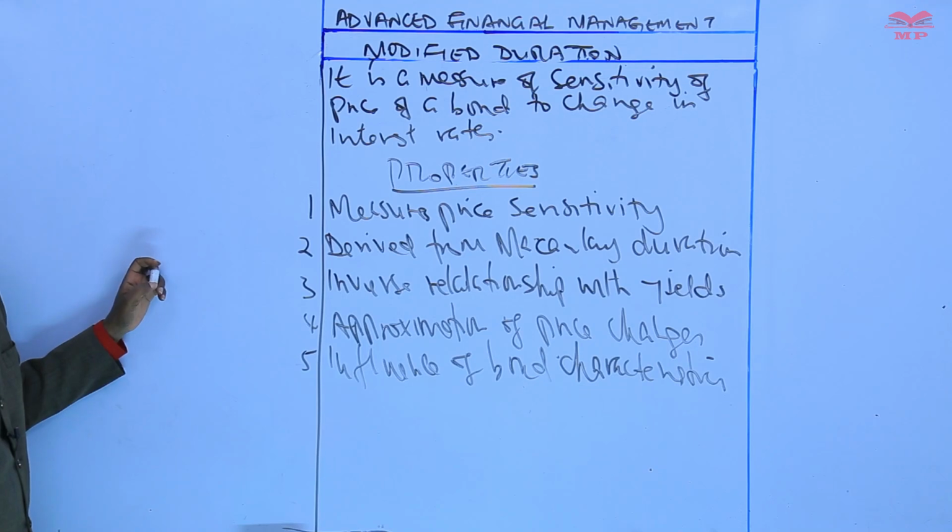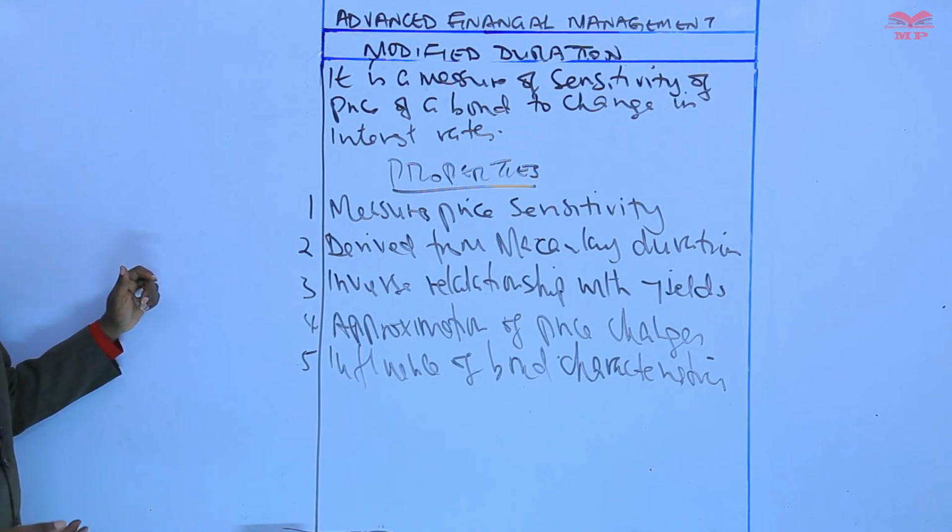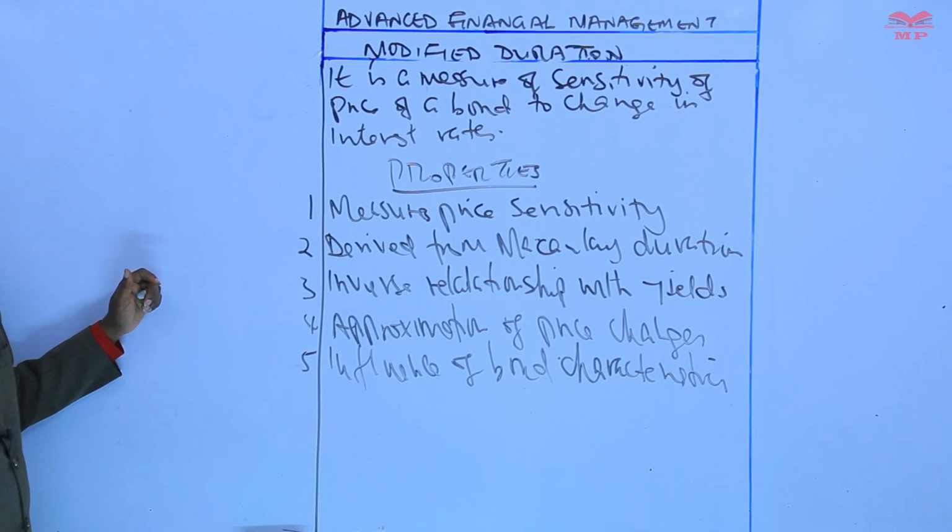Now, like Macaulay duration, modified duration is affected by the bond's maturity, the coupon rates, and also the yield to maturity. Understand? Such that longer maturity generally leads to a higher modified duration, and higher coupon rates typically result in a lower modified duration. So higher yield to maturity usually leads to lower modified duration.